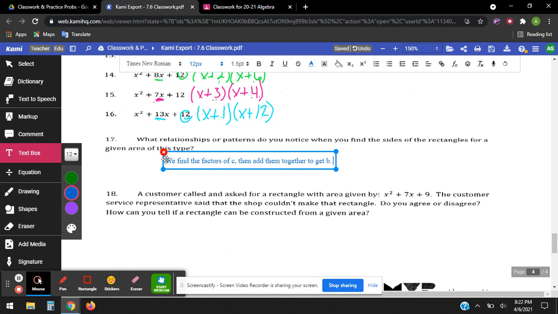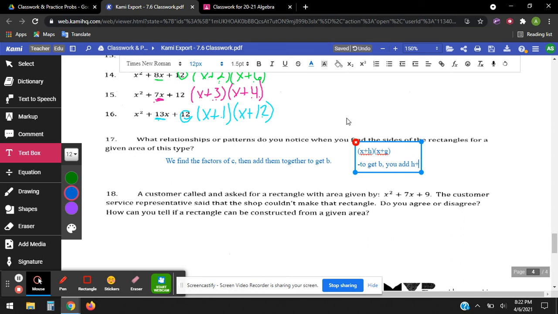So when we have, start a different one here. When we have x plus h times x plus g, we'll use those for our letters here. We need to get b, you add h plus g.